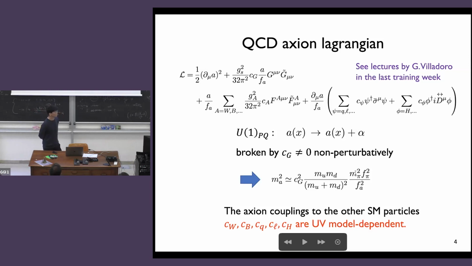This global symmetry is broken by the axion-gluon coupling by the QCD instanton effect. So it gives rise to the axion potential and axion mass. The axion mass is proportional to this axion-gluon coupling with known QCD parameters like light quark mass, the pion mass and pion decay constant. On the other hand, the axion couplings to the other standard model particles are UV model dependent, and this is the main topic that I will discuss in this talk.